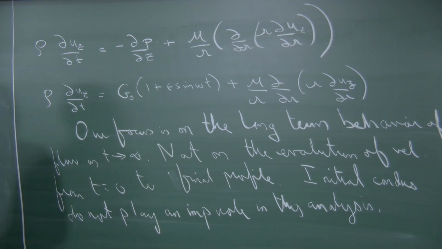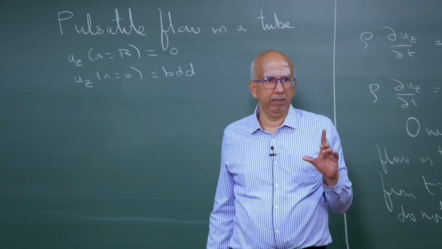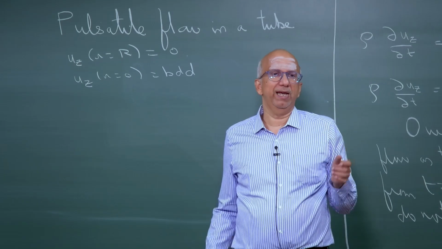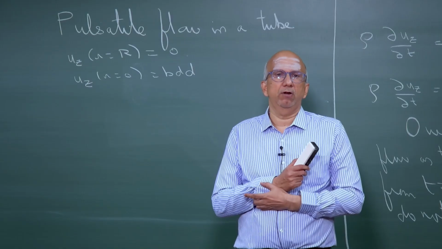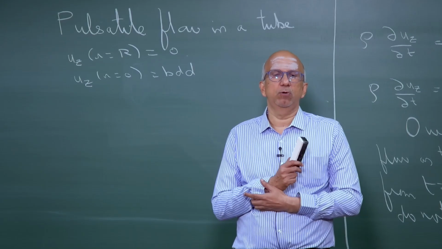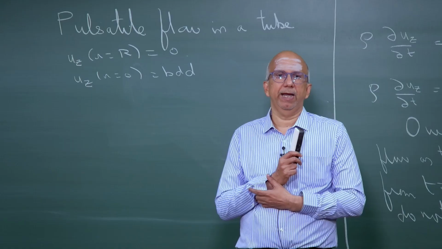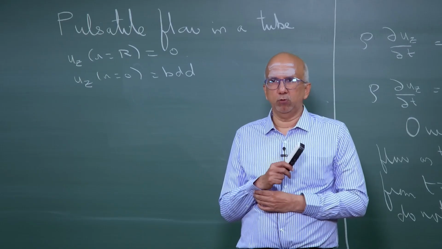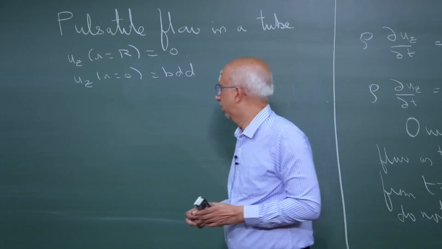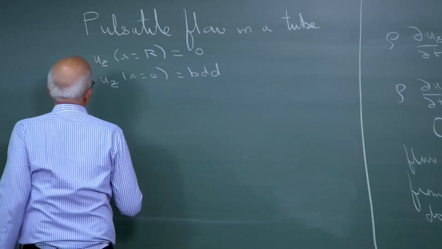So, because this equation is linear and the boundary conditions are linear, I can use this principle of linearity and superposition and solve this problem considering only one non-homogeneity at a time.